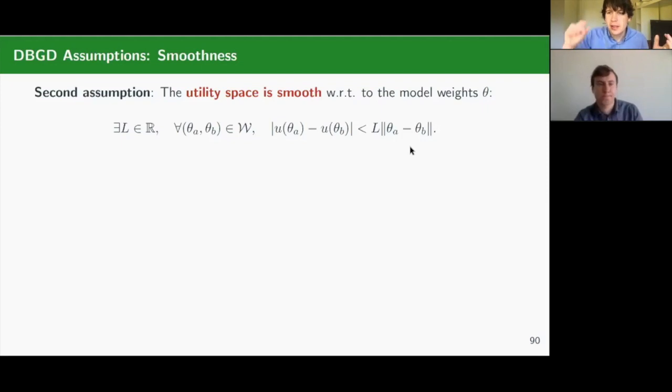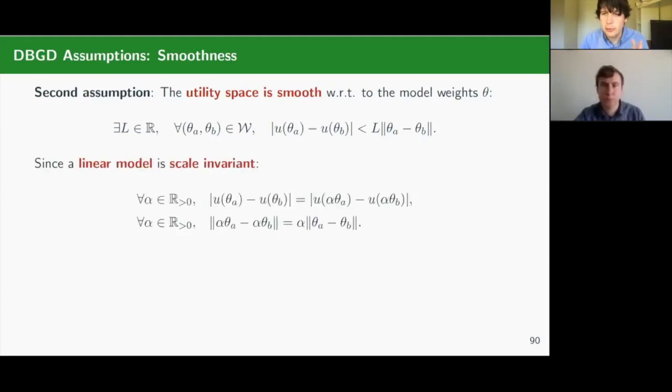So it means that if you take a step in the parameter space, the size of your step should put a limit on the size of the change that you could be making, right? A small step should not lead to a very large change in performance.